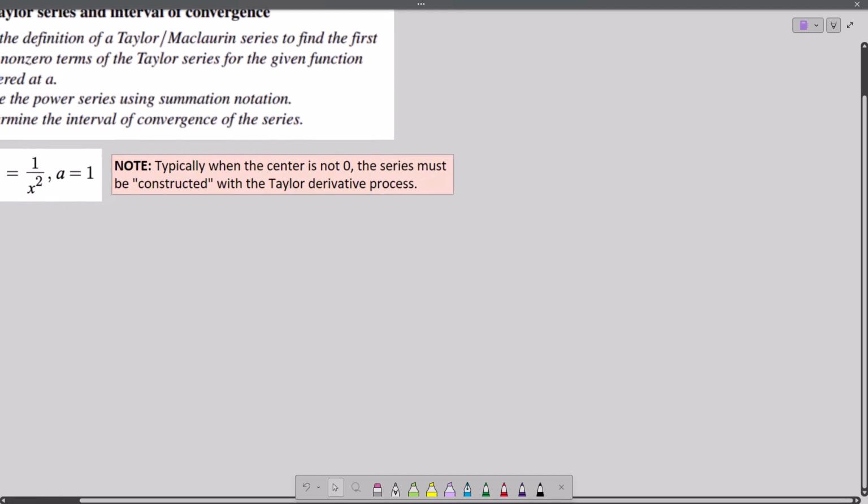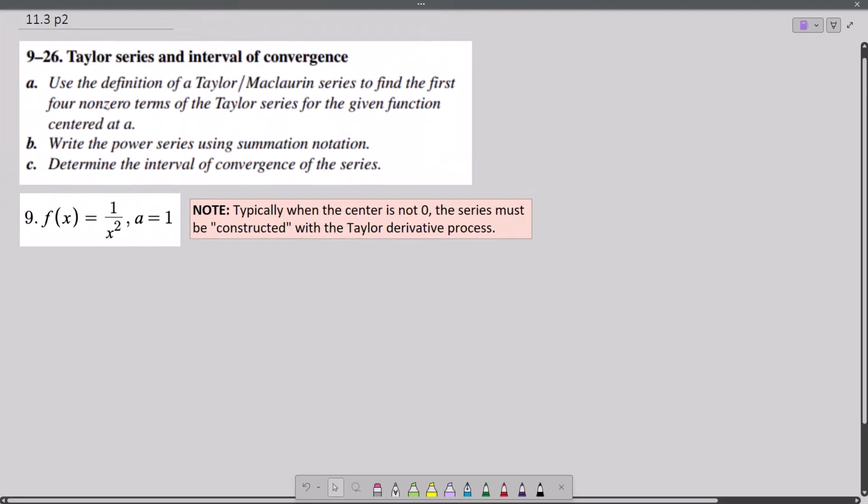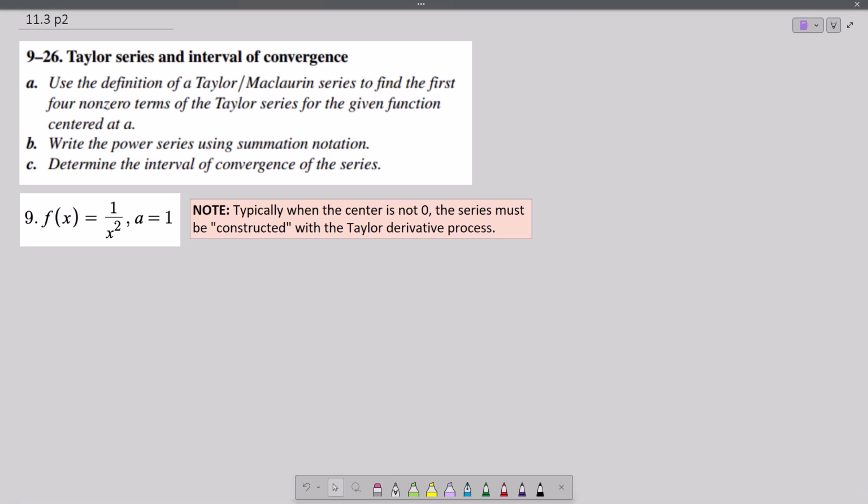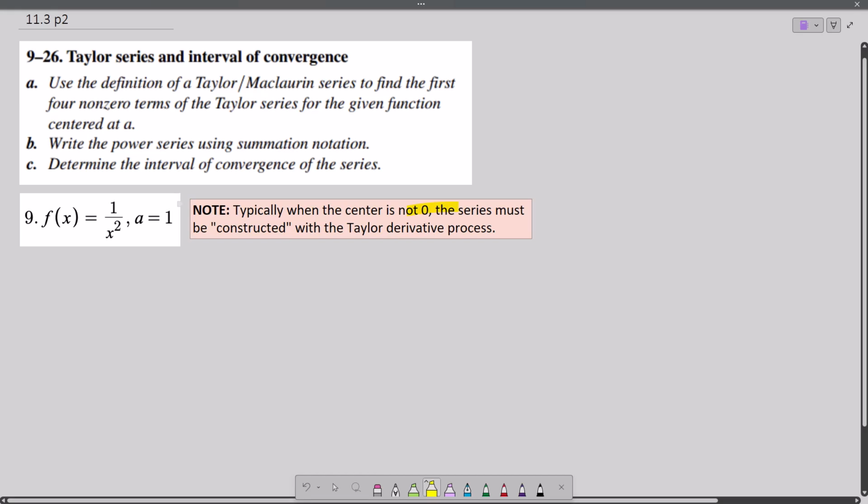All right. Now, what we just did in the last hour, we were dealing with Maclaurin series, series centered at the origin, and we said, okay, we're going to start with a known series and differentiate or integrate or substitute to get to a new series. That's normally what you should do when the center is 0.